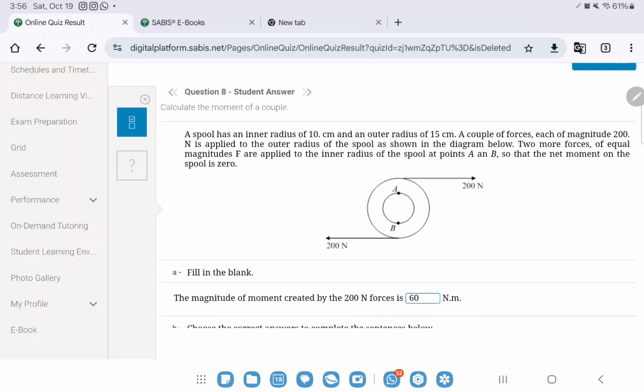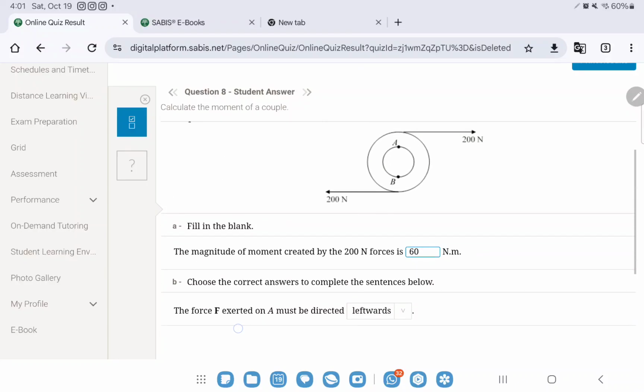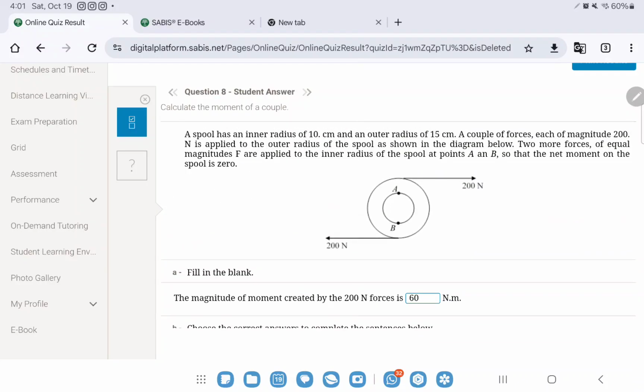Now, let's go on to the next part. It's telling you the force exerted on A must be directed so that we cancel these forces out. In couple forces, when you want to cancel a force out, you look to the force closer to the point, which here is A. The force closest to it is 200 and it's directed rightwards.